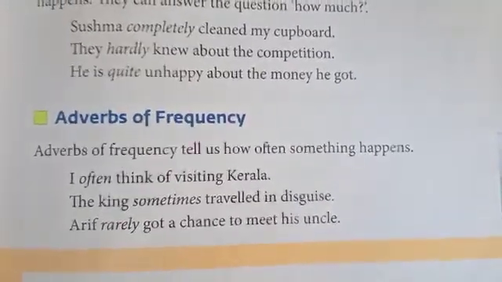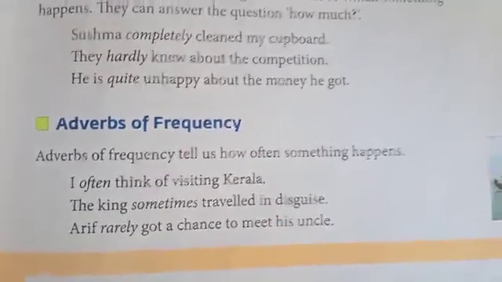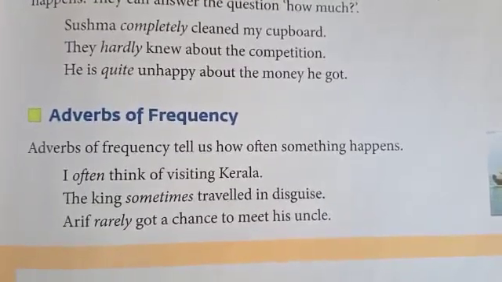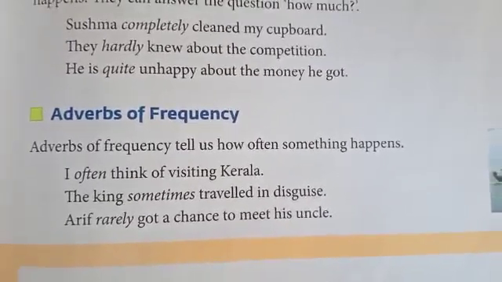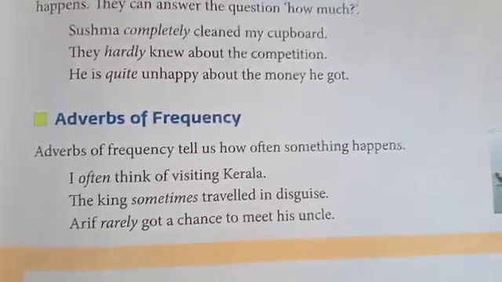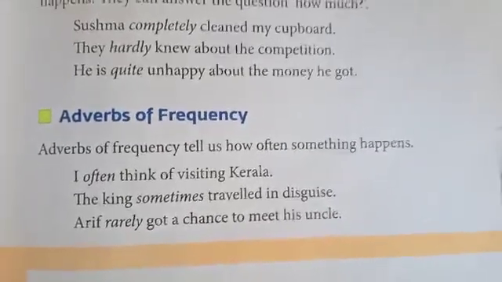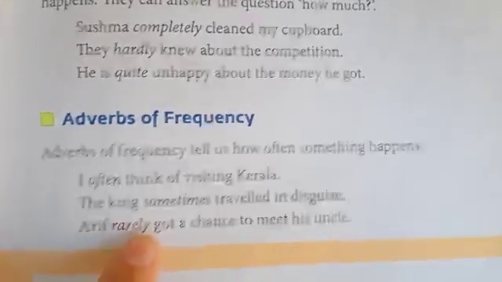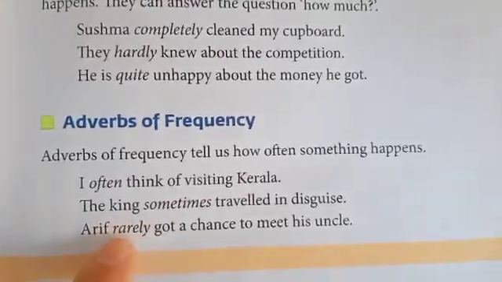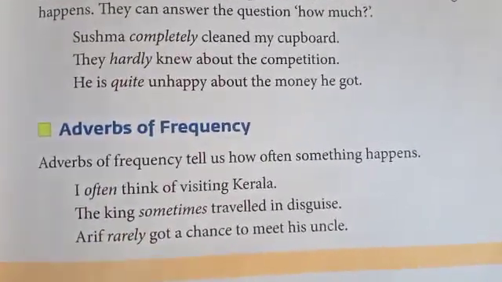They tell us how frequently a particular action is taking place. Alright, how frequently one thing is happening. Is it happening often, daily, or is it happening sometimes? It is happening rarely, it is happening hardly.